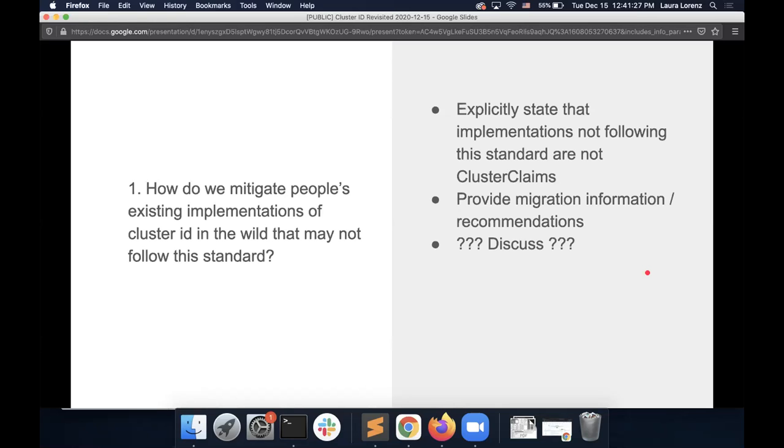If you have a completely bespoke multi-cluster solution, say, your one-off corporate version of this, and you want to start conforming to multi-cluster services, you can do that. Go nuts, right? If you want to take a community-derived implementation, you might need the cluster claims. But if you're using your own implementation, there's nothing stopping you from ignoring the cluster claim, right?